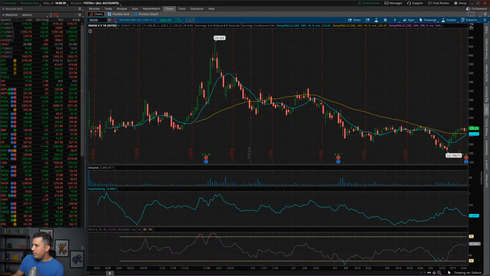Nick, if you get busted as a PDT, does it follow you to other brokers? No, you could have 10 brokerage accounts, and they would all reset differently. So you could rotate it that way. Or if you want, you could have a cash account and a margin account. A lot of people don't know this, and I go through this in the UvH Academy, but if you're in a cash account, there is no PDT, but you can only use the cash that you have.